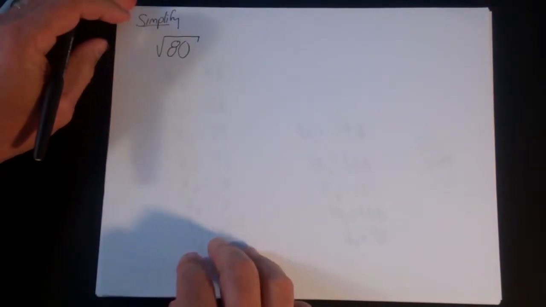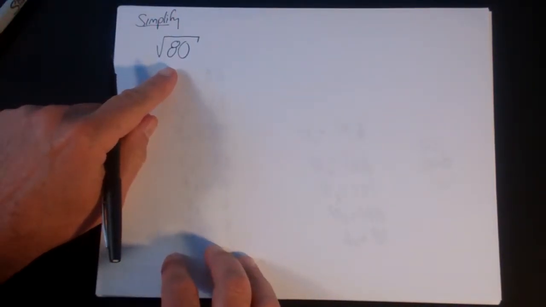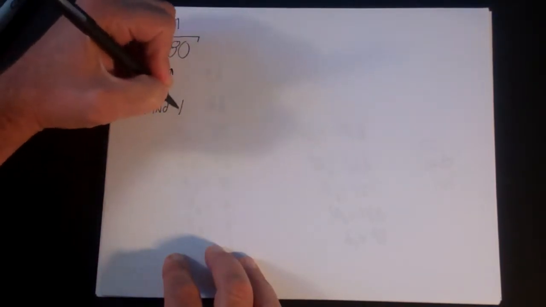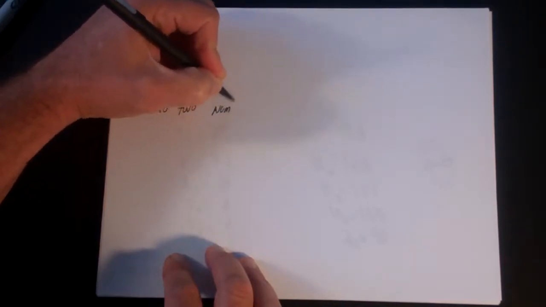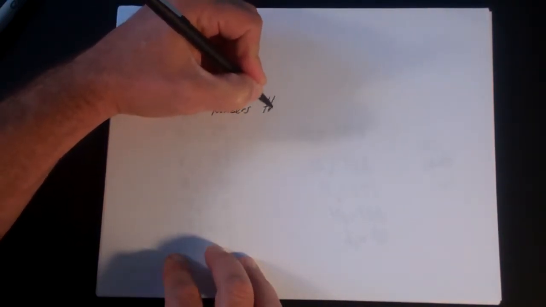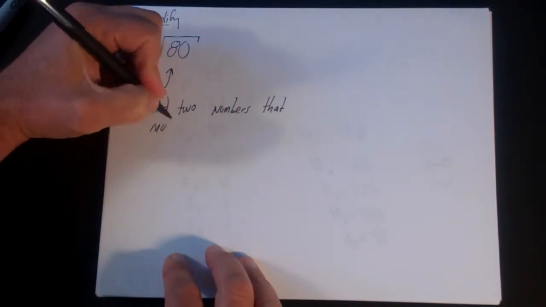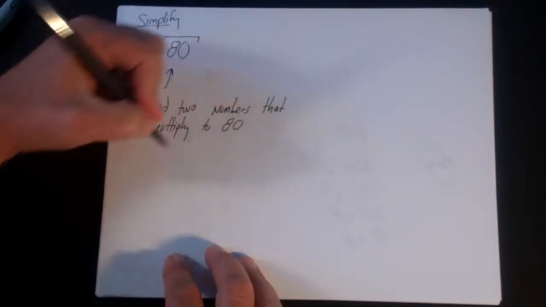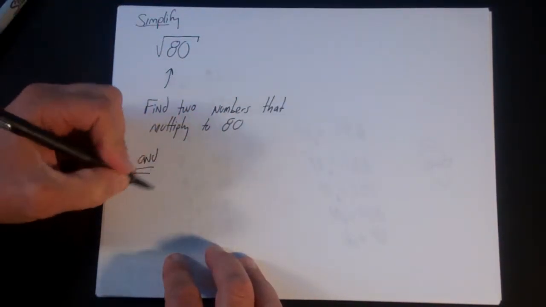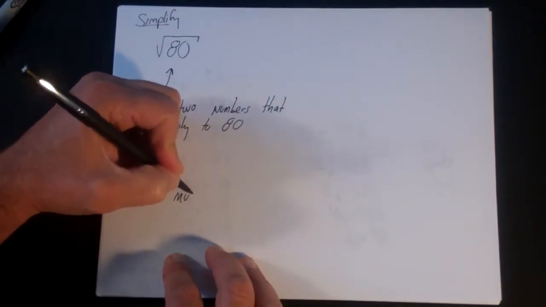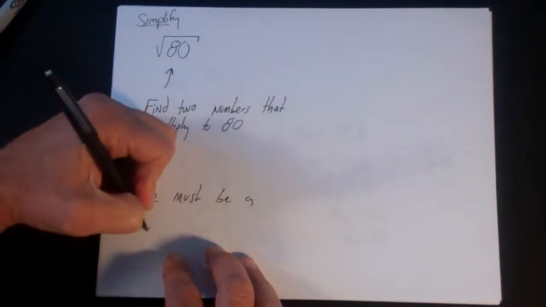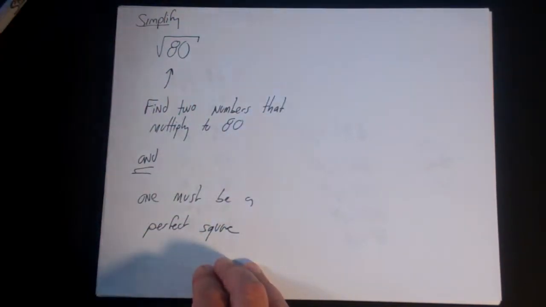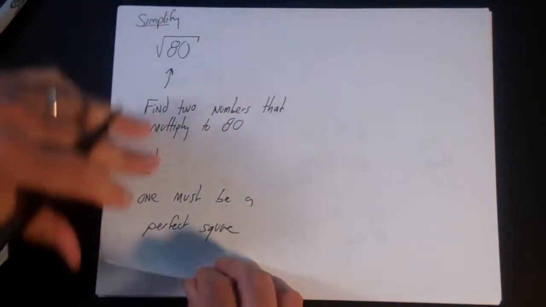To simplify the square root of 80, you need to find 2 numbers that multiply to 80, one of which is a perfect square, or both. So that's the reason we need to memorize the different perfect squares.